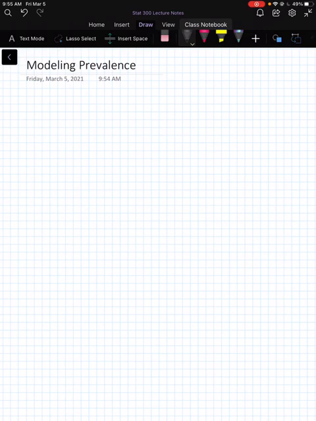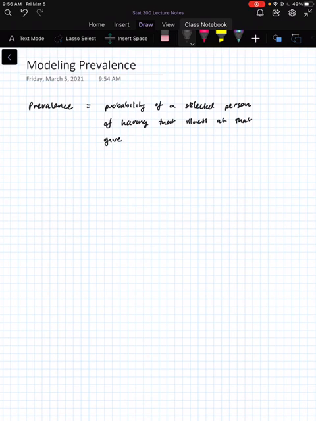As an example, we'll talk about prevalence. To refresh your memory, prevalence, or prevalence risk, is the probability of a selected person having that illness at that given point in time, if it's point prevalence, or over a certain period.